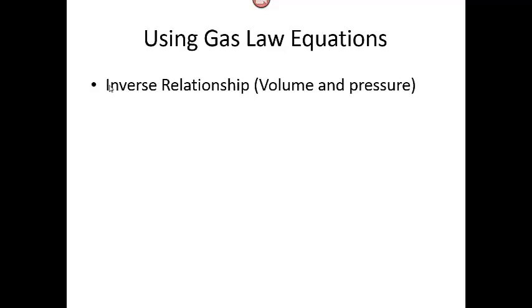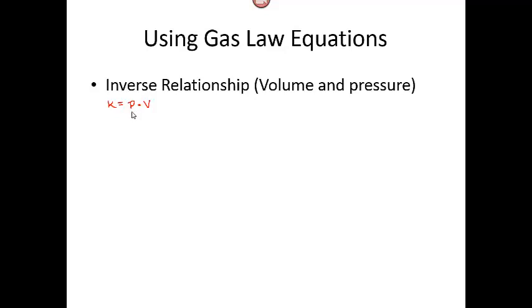Once again, let's write down the equation we can use to solve problems, where we have the constant number k equals P times V. If we wanted to solve for pressure, we would have to manipulate this equation.